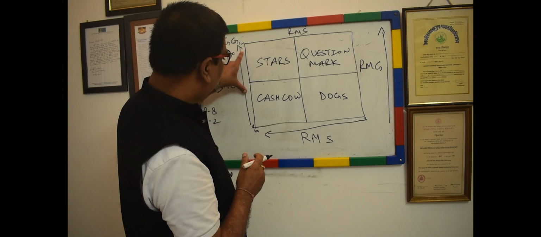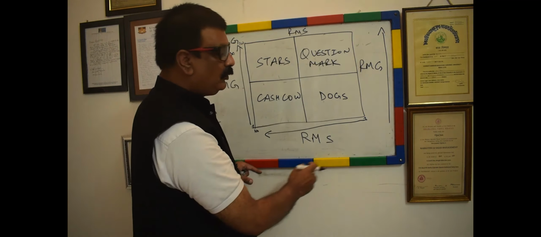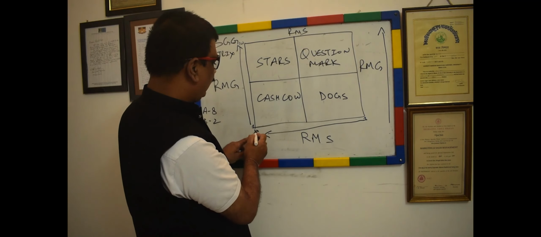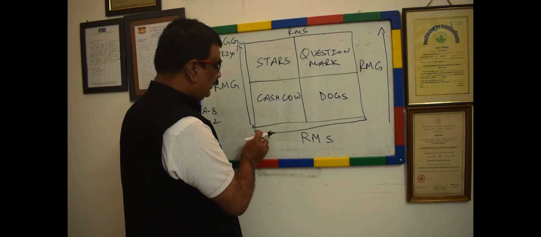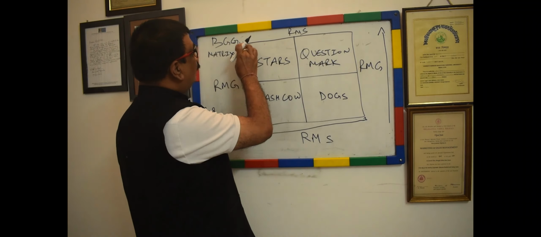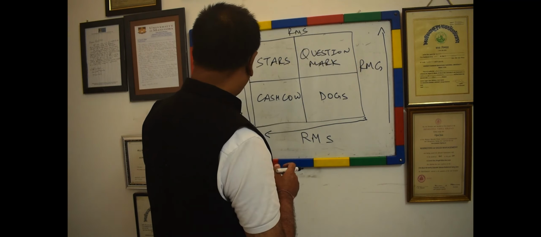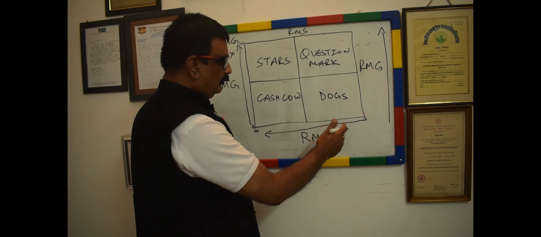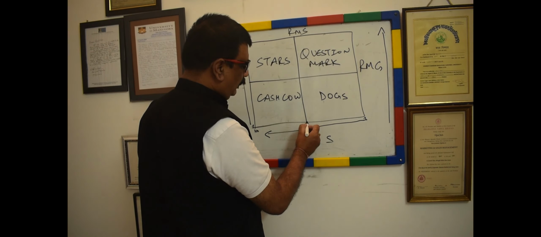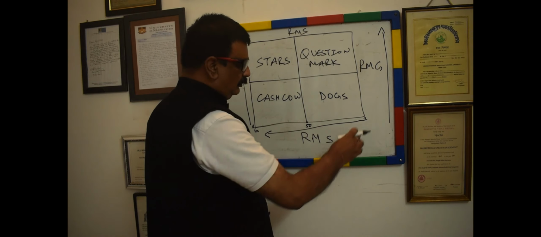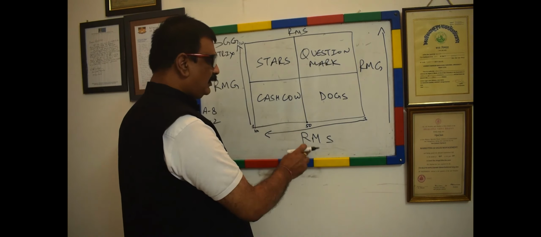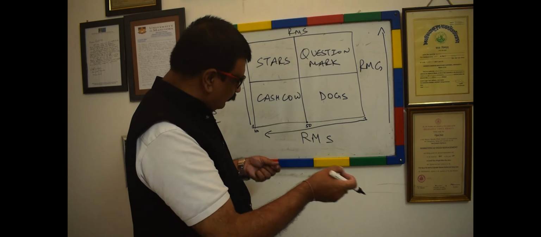Now this is separate and this one is separate. Don't say, sir, that both 1 and 100 are on the same point. No, this 100 is for relative market share, this 100 is for relative market growth. Now 8 out of 10 is 80%. So I think you will agree that this has to be 50%, 1%, 100%, 50%. And let's not measure it with this scale.